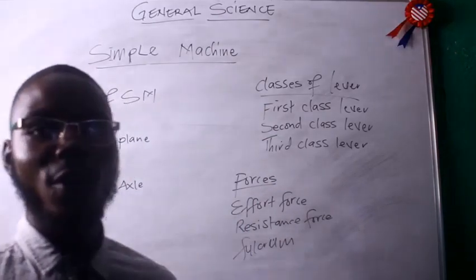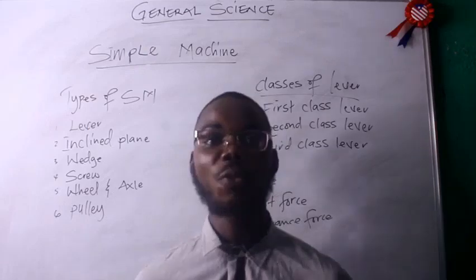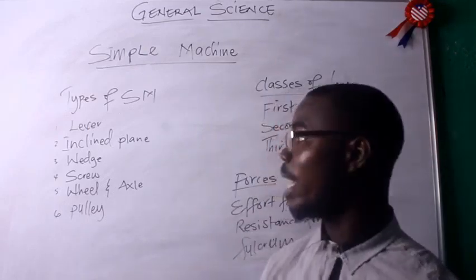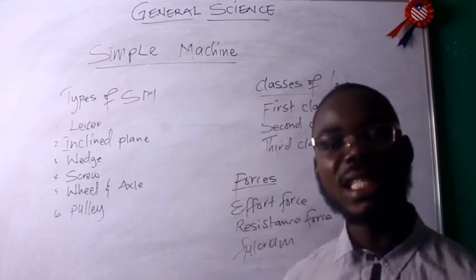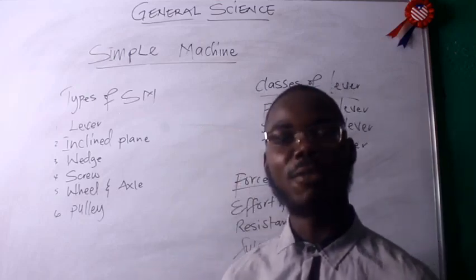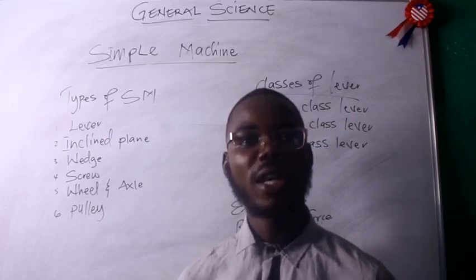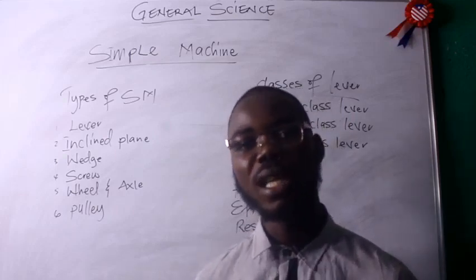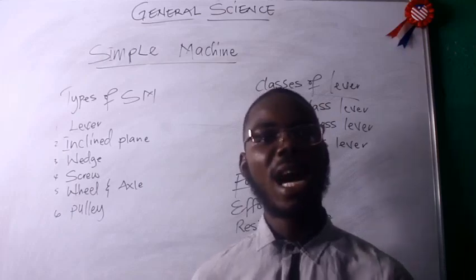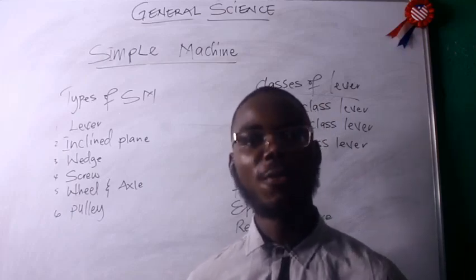And so lever, like we said, is a bar or arm that is free to turn at a fixed point when an effort force is applied. And remember, lever has 3 classes, and those 3 classes are the first class lever, second class lever, and third class lever. And these 3 classes of lever are based on 3 major forces, and those 3 major forces are effort force, resistance force, and fulcrum.